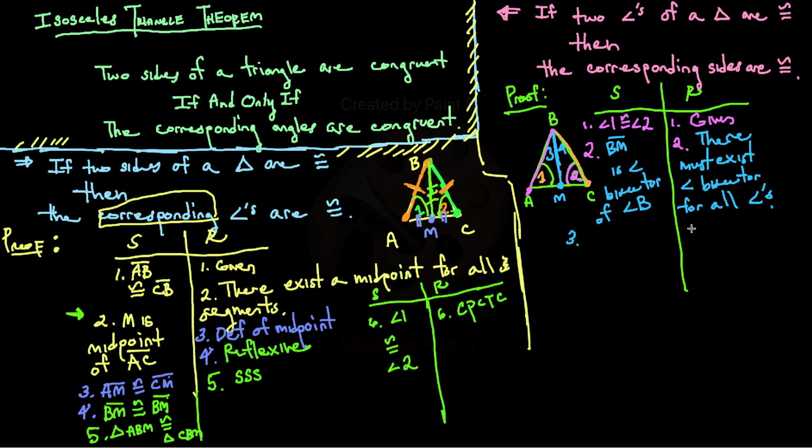Then the next thing that you have here is that angle 3 is congruent to angle 4. And that's just because of the definition of angle bisector. It cuts the angle into two congruent parts, so this angle is congruent to this angle.